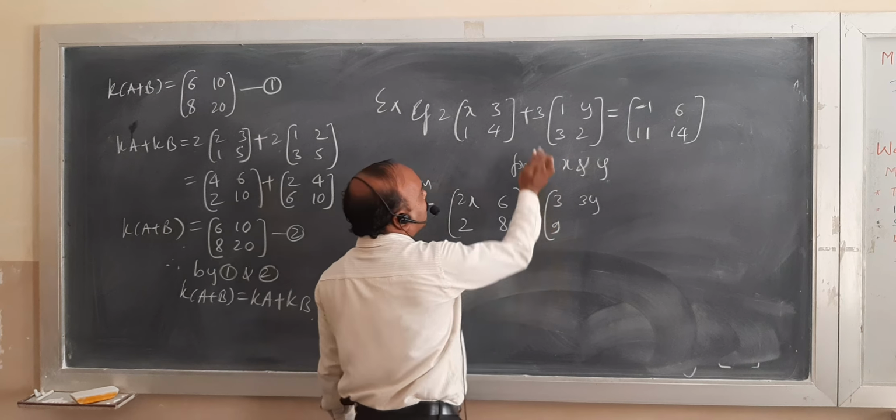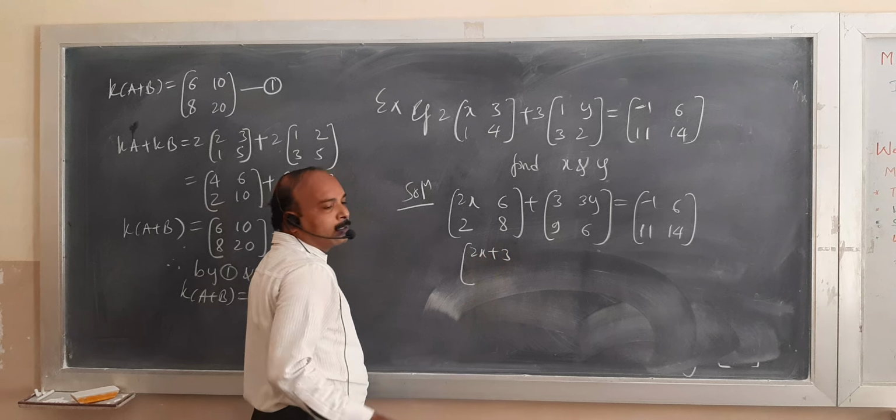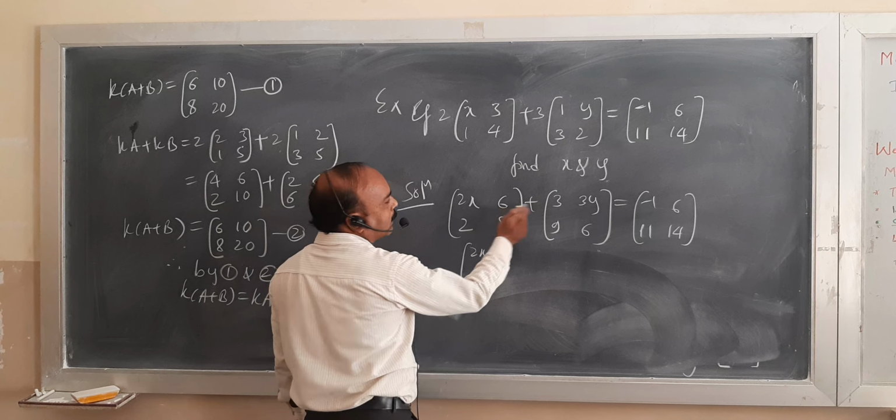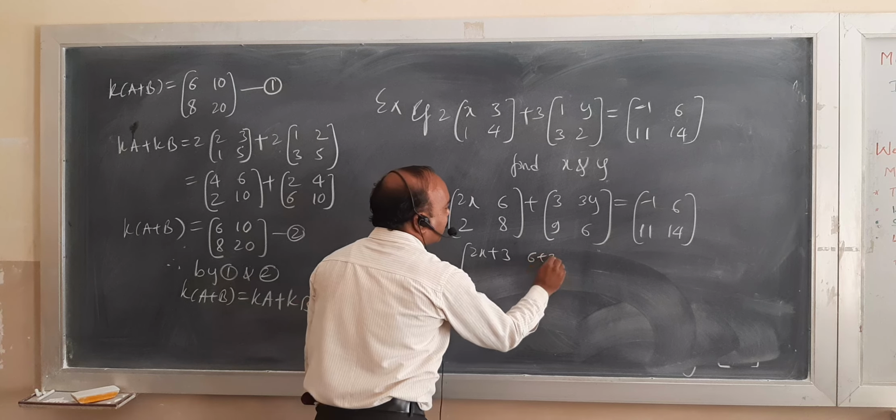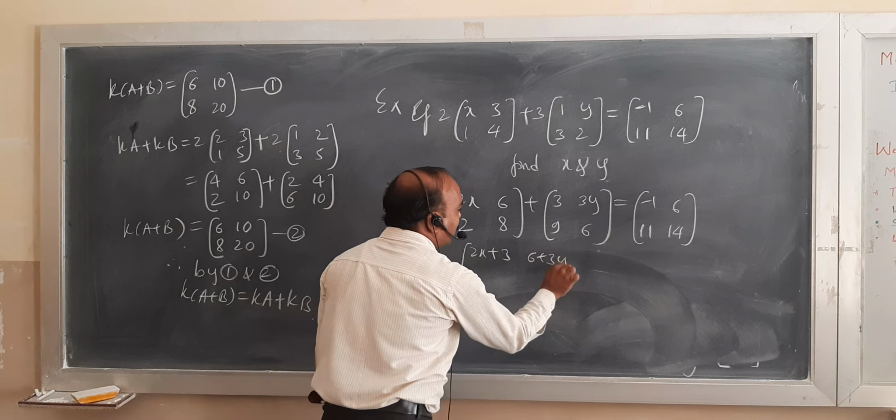Now, the left hand side is nothing but addition of two matrices. You can add these two, and the right hand side you keep as it is. 2x added with 3, corresponding elements: 2x plus 3. Similarly, 6 added with 3y, it is 6 plus 3y. 2 added with 9, it is 2 plus 9, that is 11. 8 added with 6, 8 plus 6 is 14.